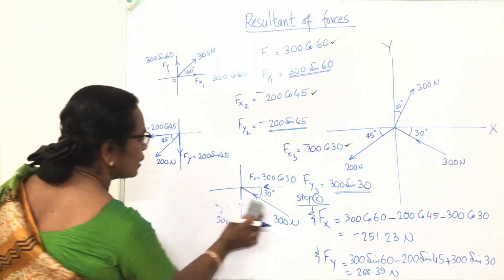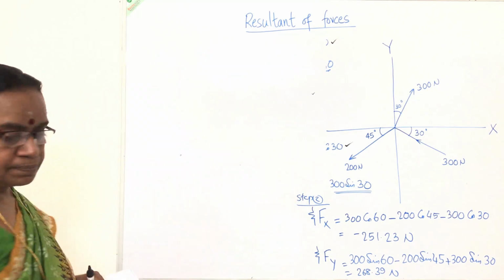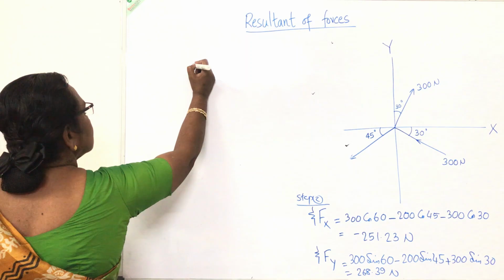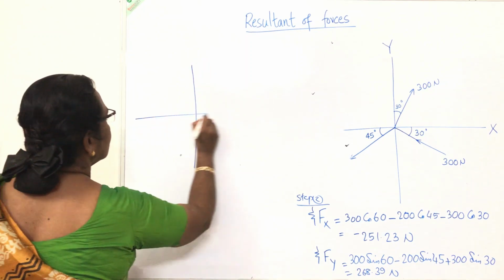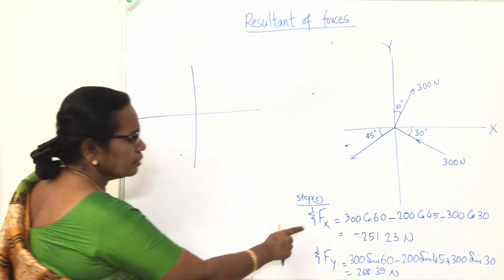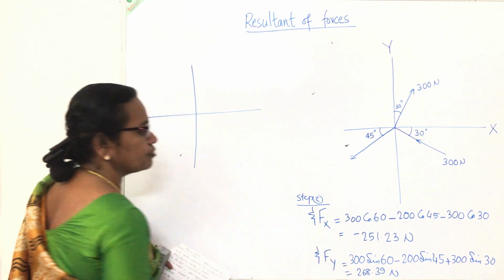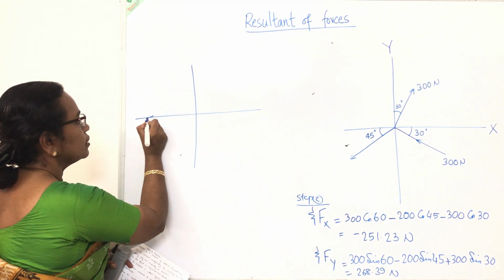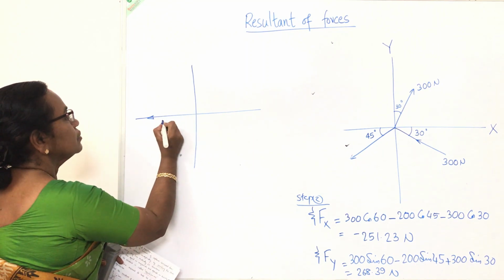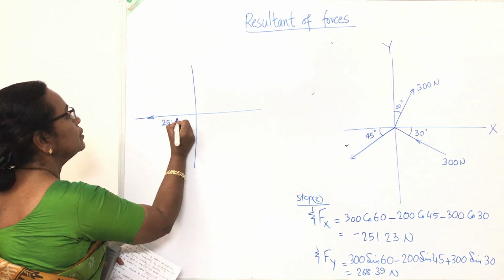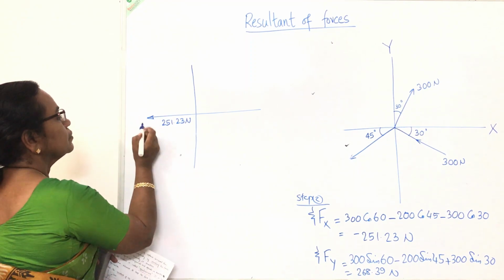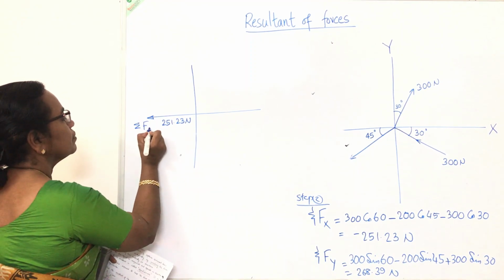Now I am going to mark these in the figure. So I have got sigma Fx, I will mark it in the xy coordinate direction. Sigma Fx is minus 251.23 Newton, that is in this direction. This is sigma Fx.